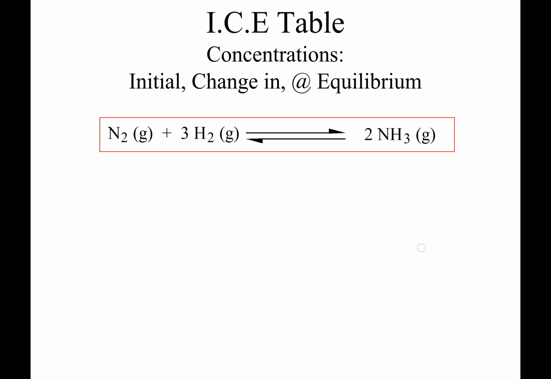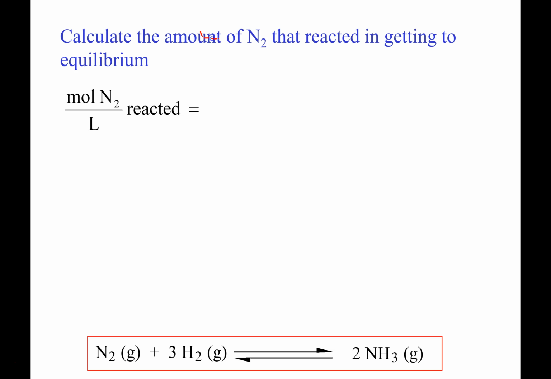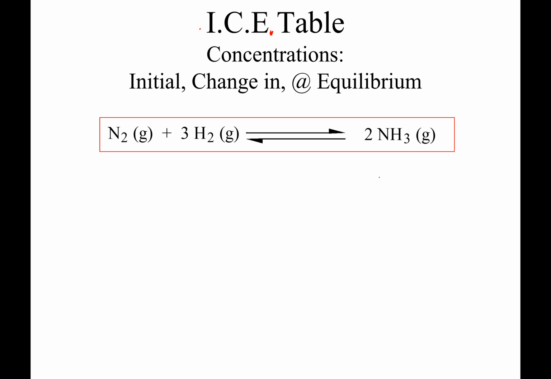So here we go. This is the table I inserted, and we'll be working more with ICE tables. It has nothing to do with frozen substances, or with ice as in ice water or anything like that. I stands for initial, C stands for change, and E stands for at equilibrium. So here's the way the ICE table works.